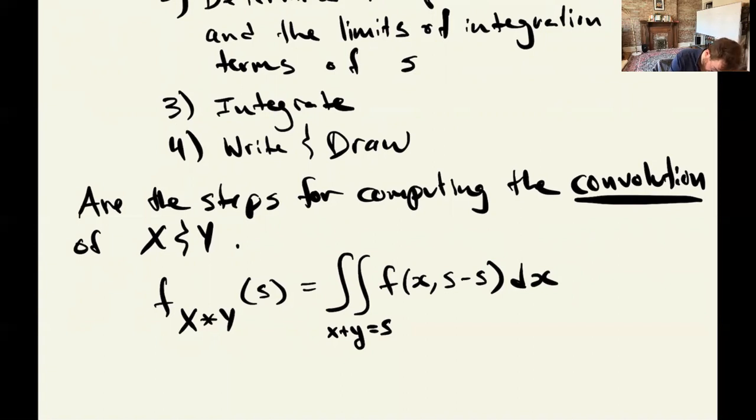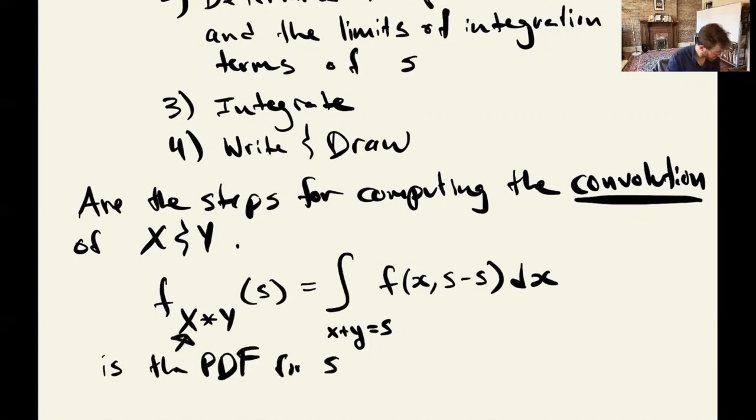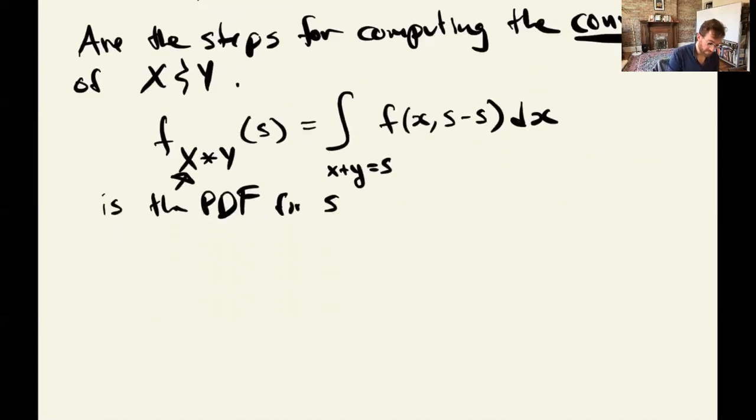Sorry, there's one too many limits here. And so this is the PDF for S. And so again, here, this is the joint PDF. And this formula works regardless of whether or not X and Y are independent, although we sometimes only refer to convolution when we're looking at independent random variables.